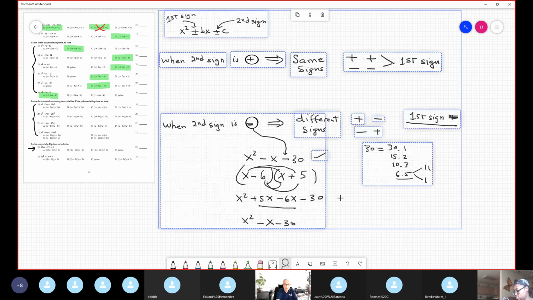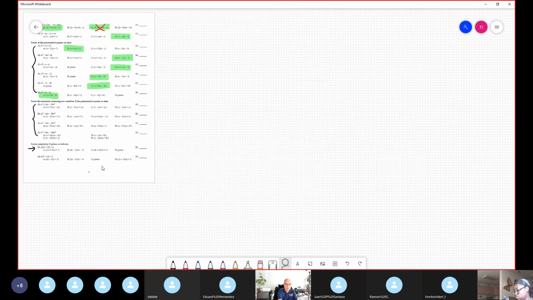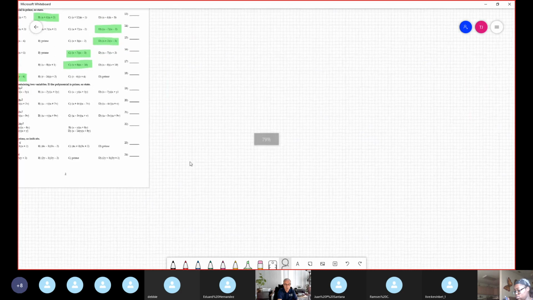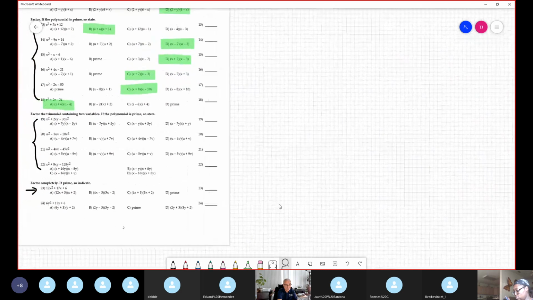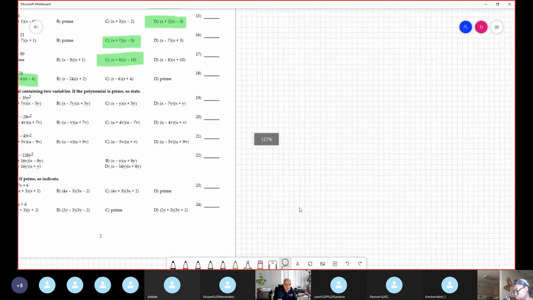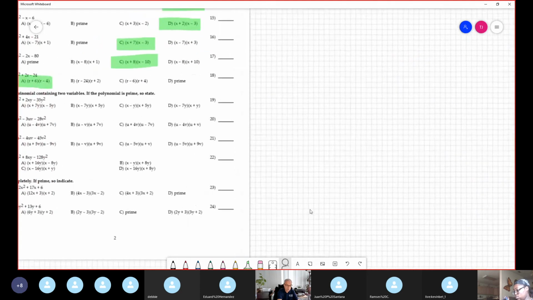I promise the way to understand this is by doing examples. We're doing 3,000 examples. So now the rest of the time is not too much.